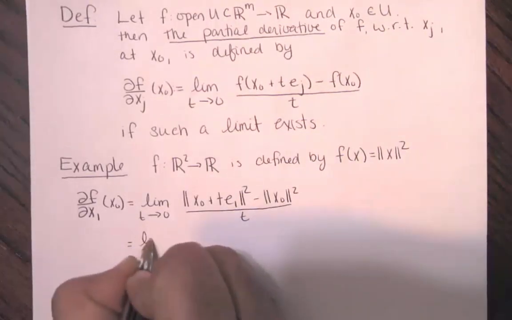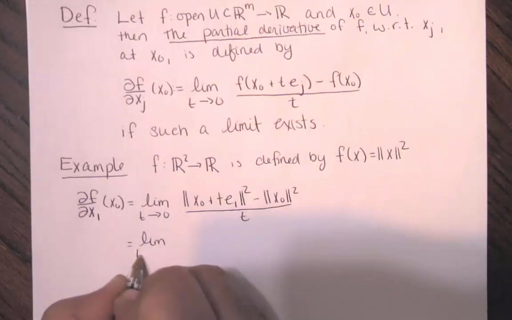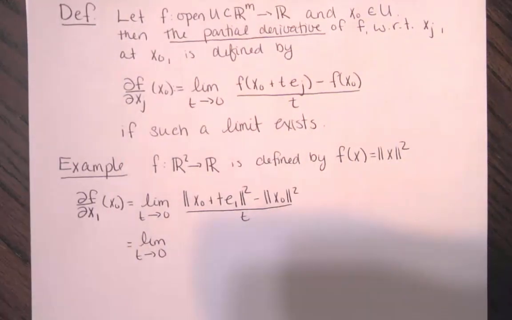Again, we need to figure out what that limit is. Well, that's each of the entries squared.